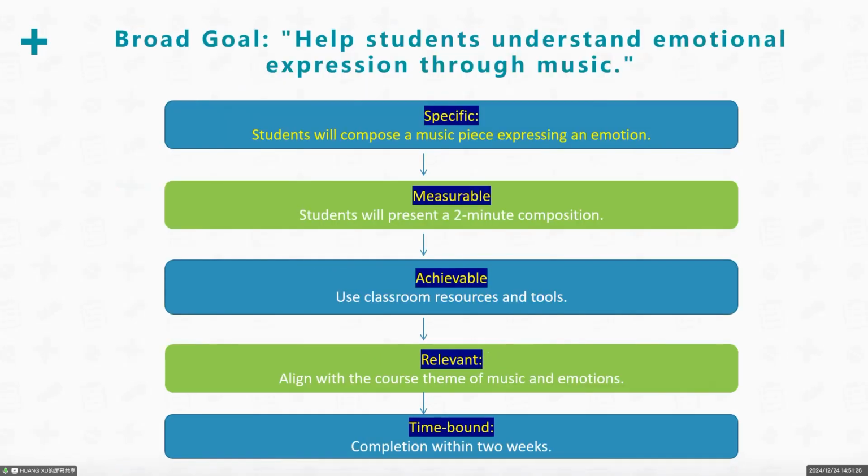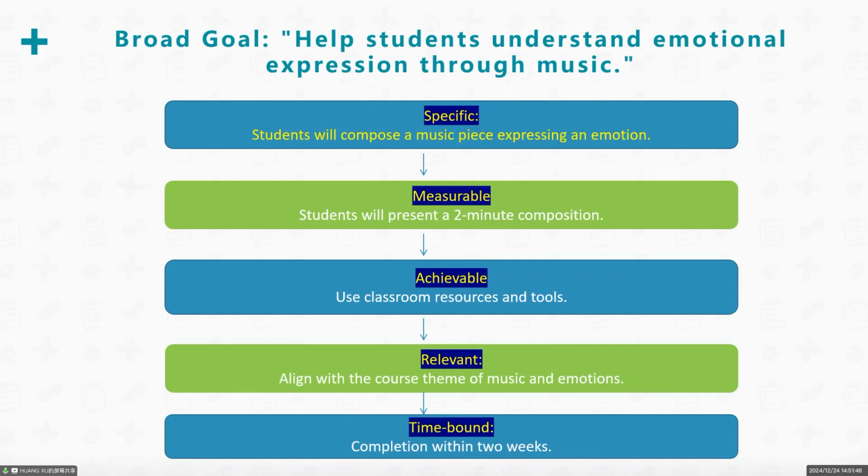The broad goal is to help students understand emotional expression through music. This is an example. Before we talk about this, we must focus on being specific. First, students will compose a music piece expressing emotion.